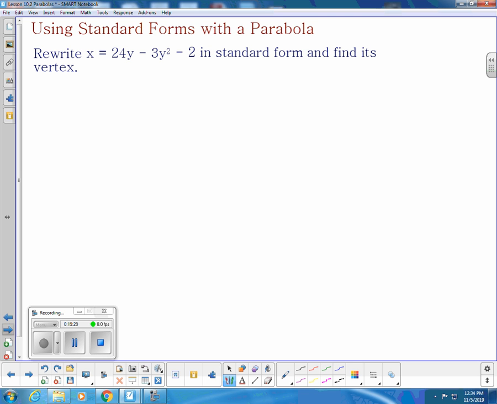So we start with positive 3y squared minus 24y on the left, negative x minus 2 on the right. Did I lose anybody there? All we're doing is moving things from right to left and changing their signs.